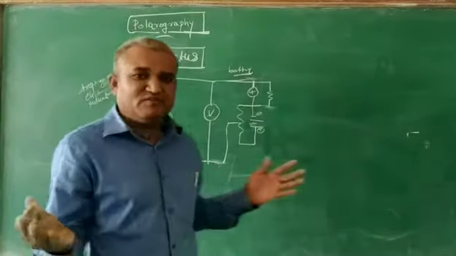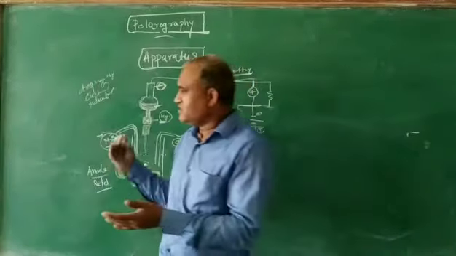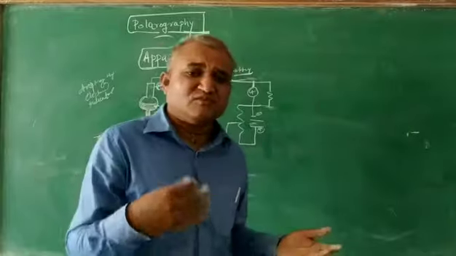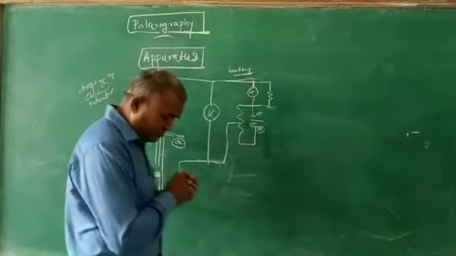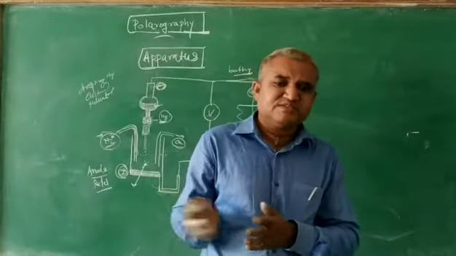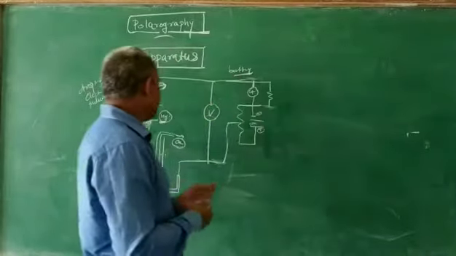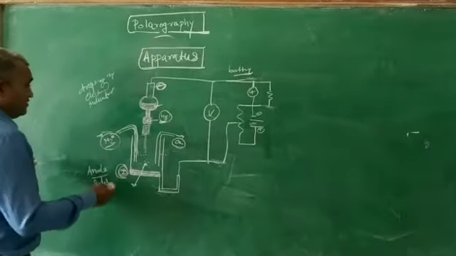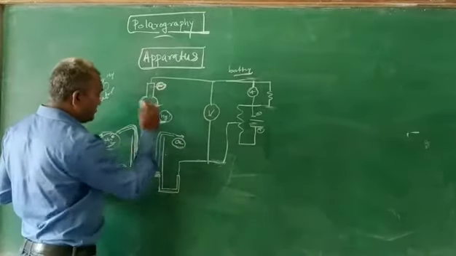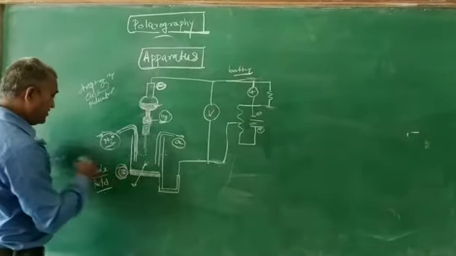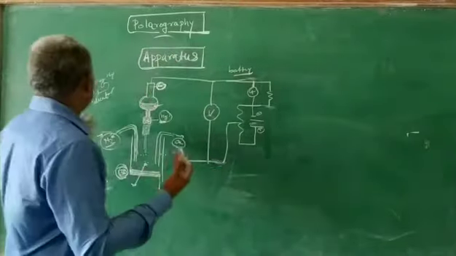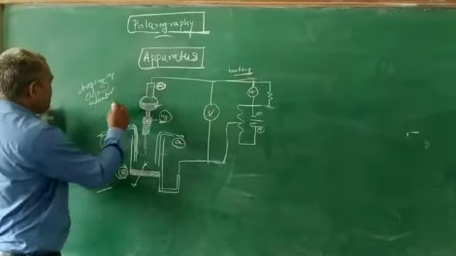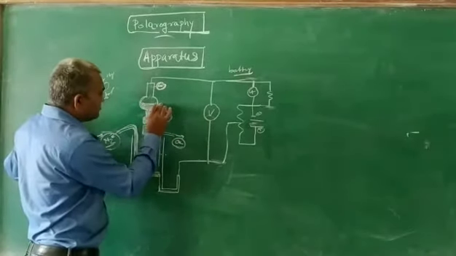In polarography, as we already discussed, there is a two-electrode attachment, in a generally electrochemical, analytical process. One is the cathode and the other is the anode. The cathode is the negative terminal, the anode is the positive terminal. The cathode is the dropping electrode.